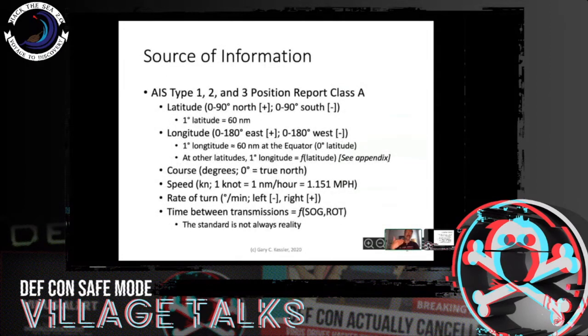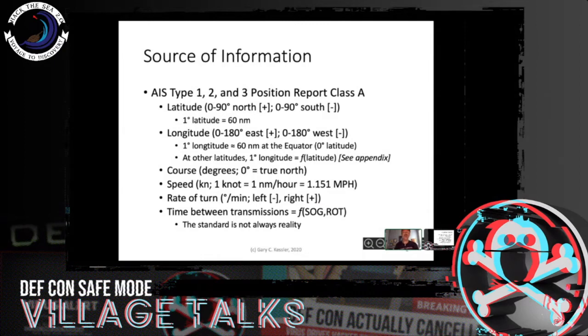Again, an AIS type 1, 2, or 3 message is a Class A position report. And the information that matters to me is it's going to give me a latitude. For those of you that are not familiar with the relationship between latitude, longitude, and distance, it is vaguely as follows. 1 degree of latitude is 60 nautical miles. 1 minute of latitude is 1 nautical mile. 1 degree of longitude is about 60 nautical miles at the equator, which is 0 degrees latitude, of course.